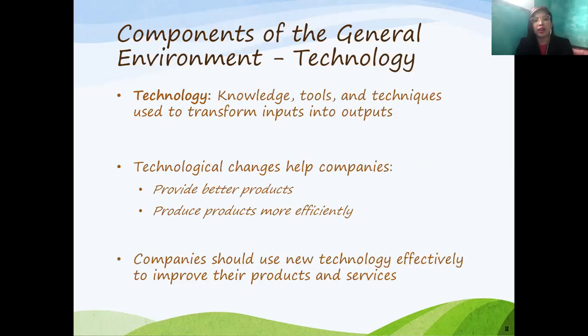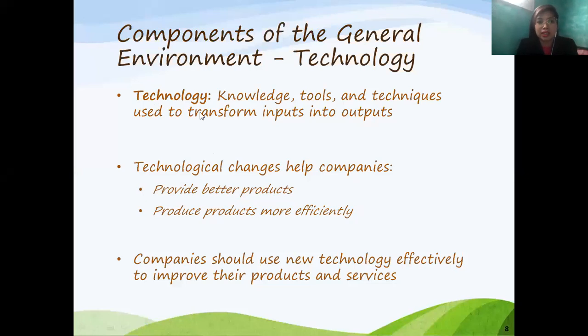Okay, for the other component for the general environment, we have the technology. So for the technology, as we all know, the world today, or our businesses today, the hospitality industry, facilities, and other businesses doing hospitality are being run by technology. And even though we have the COVID-19 pandemic, we are able to continue.